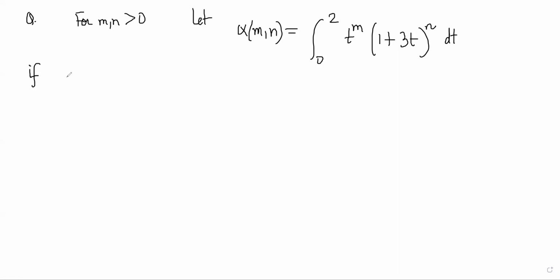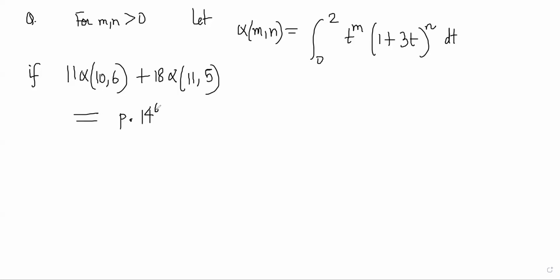If 11 alpha of 10 comma 6 plus 18 alpha of 11 comma 5 is equal to p times 14 power 6, what is p?